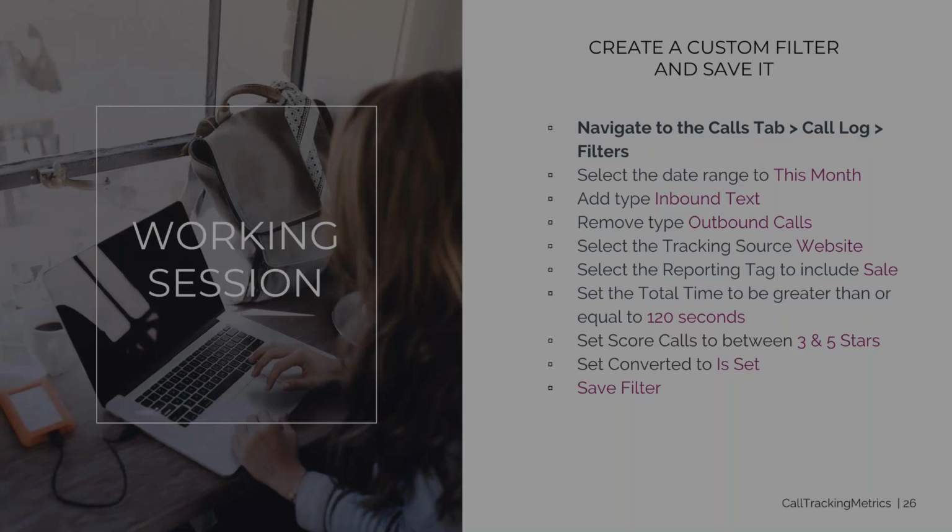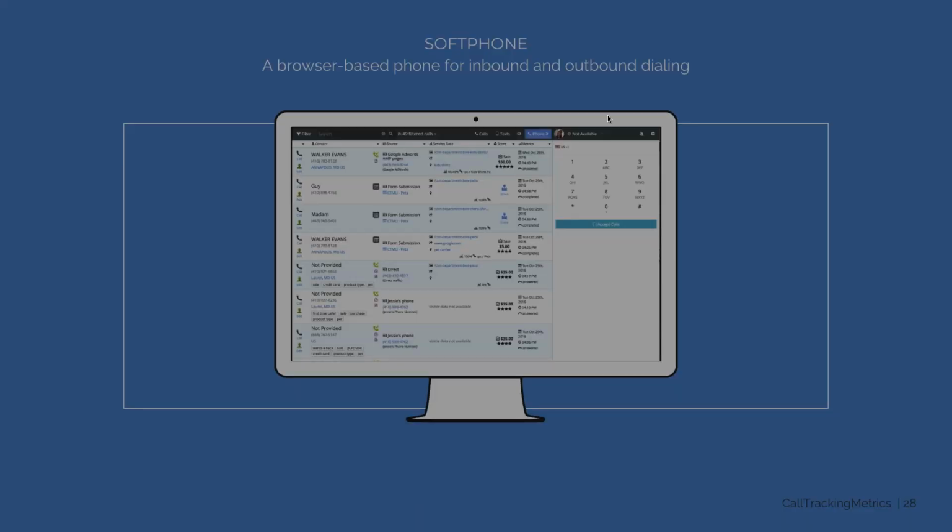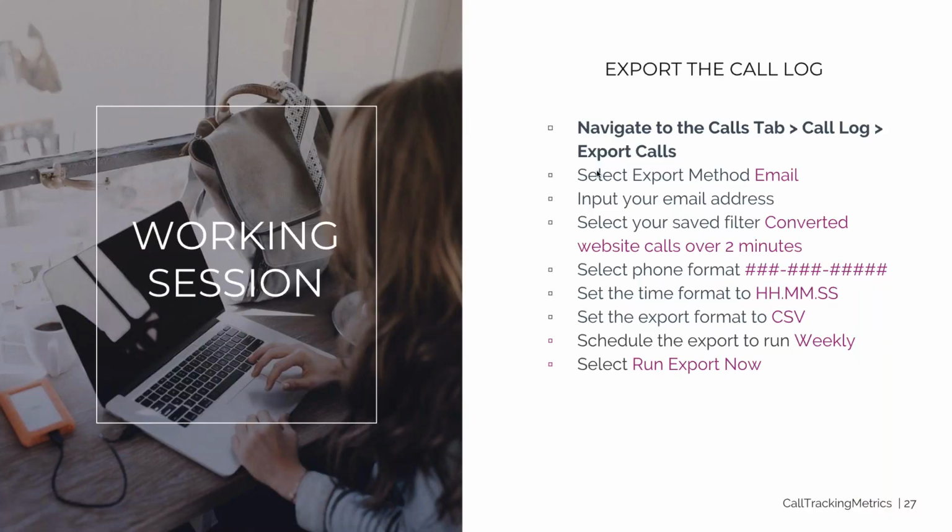All right, up next, we have an exercise to export the call log. So what we're going to do is navigate to the export, and then we're going to select our method of email. We're going to input our email address.